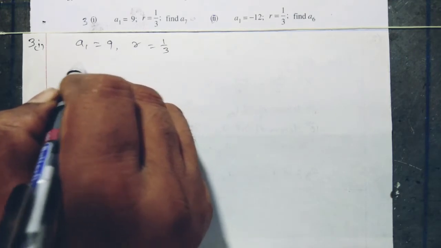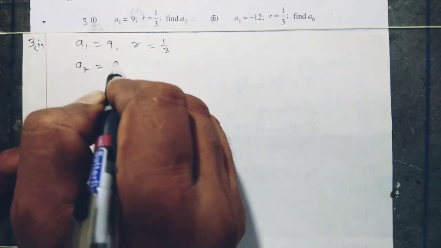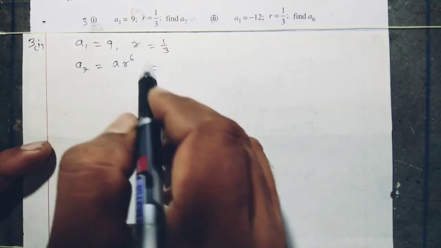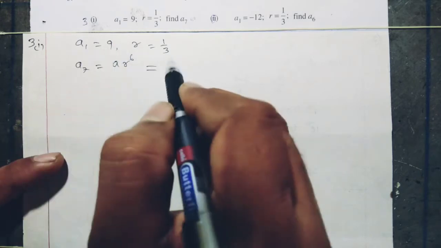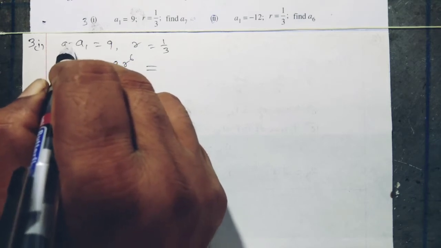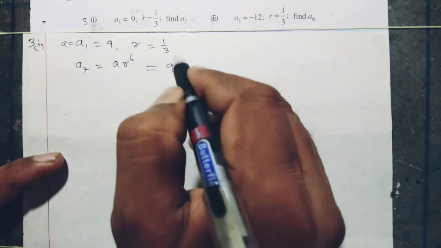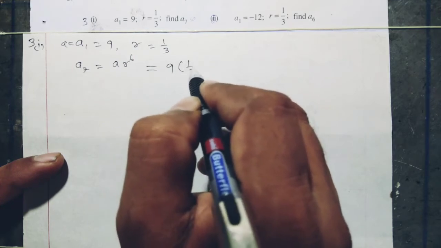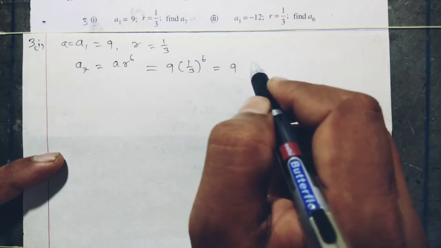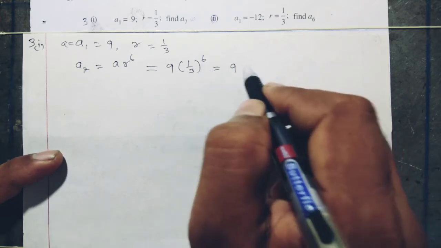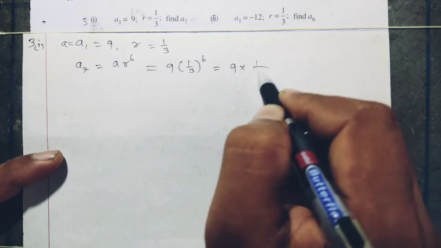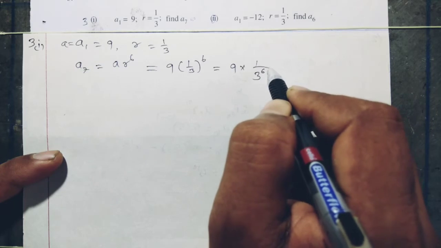So a7 is equal to a r to the power of 6, where a is equal to a1, a is equal to 9, r is 1 by 3 whole to the power of 6, 9 into 1 by 3 to the power of 6.